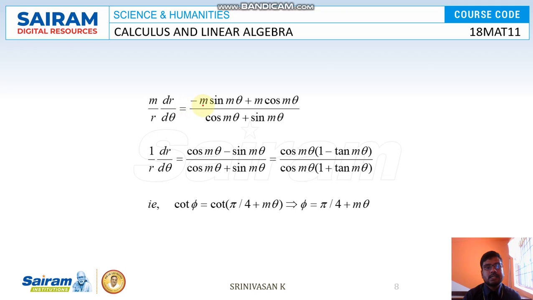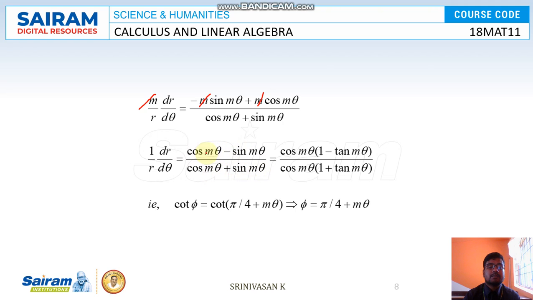We get m by r into dr by d theta equals minus m sin m theta plus m cos m theta divided by cos m theta plus sin m theta. The m cancels, so 1 by r into dr by d theta equals cos m theta minus sin m theta divided by cos m theta plus sin m theta.